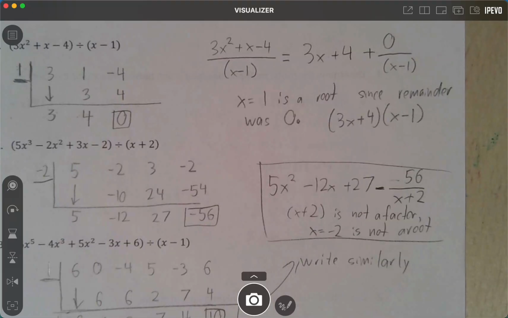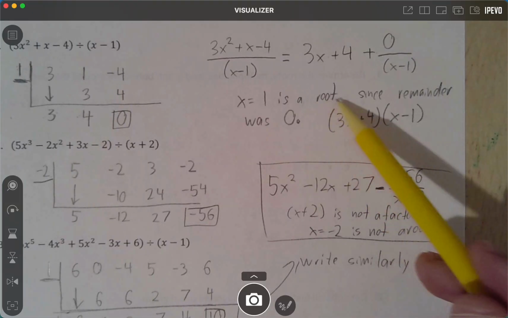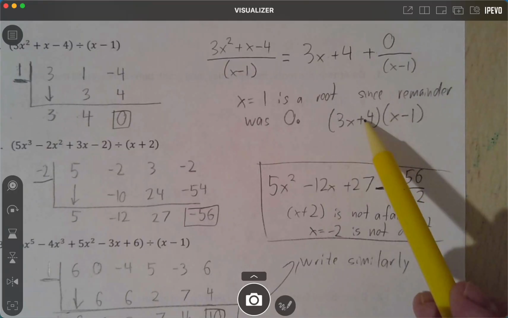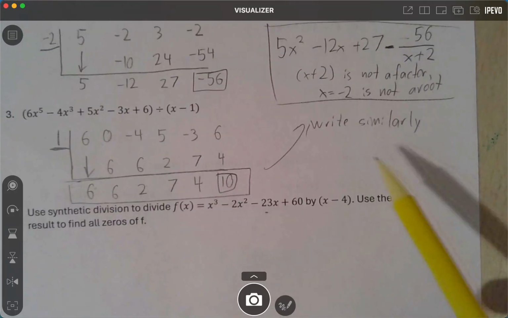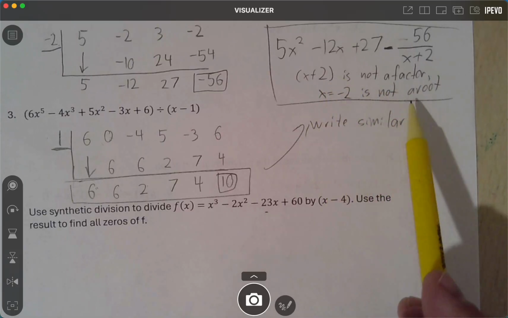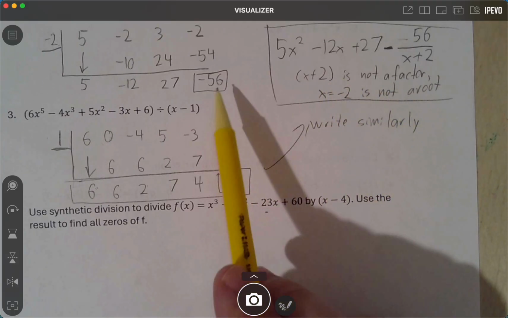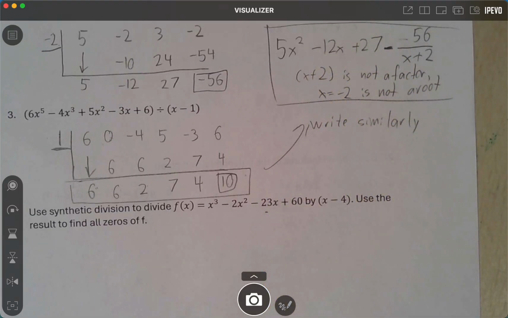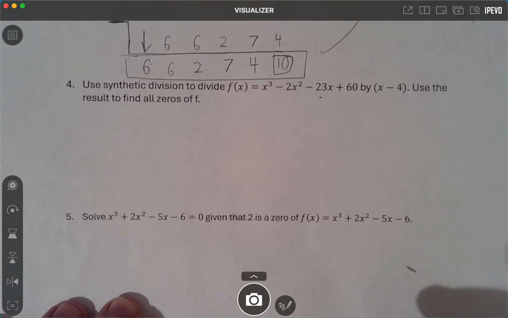Now, what I told you is since it is a root and the remainder was 0, you could factor the rest of it and determine other roots. And also, what I told you before verbally was that if it's not a factor because it wasn't a root, because you didn't get 0, then you really can't do anything with this and you'd have to restart. So how do we put those two ideas together?